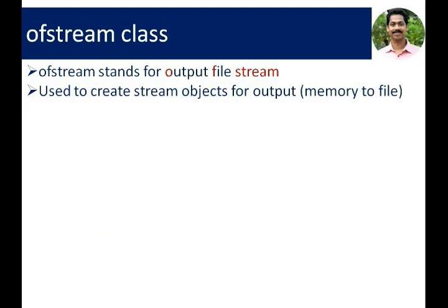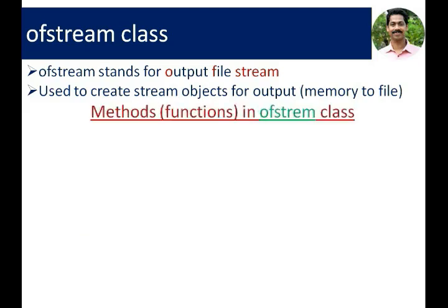OFStream class objects must be defined to store data from memory to file. Here we can use many functions in the OFStream class for this writing purpose. First we have to open the file using open, and finally we have to close the file using the close function.